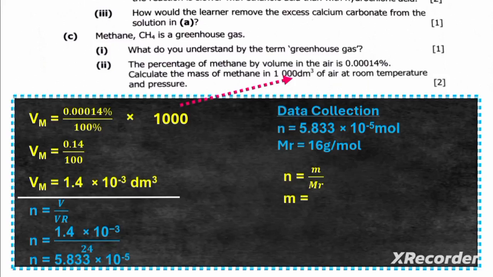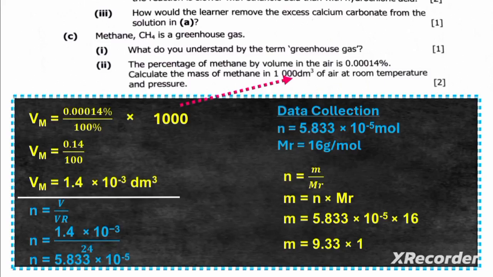So we write 5.8 times 10 to the power negative 5 times 16. We are going to get 9.33 times 10 to the power negative 4 grams. So this is our answer. We are done with this question.